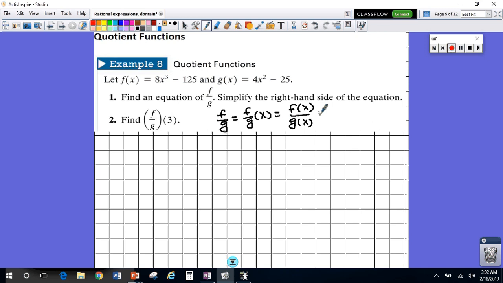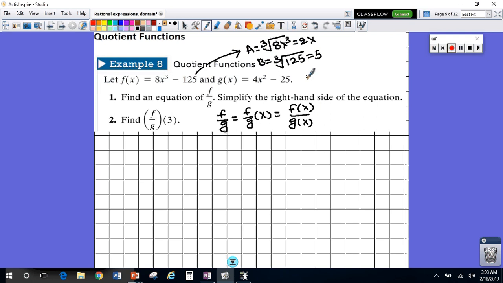What is your f of x here? 8x cube minus 125. The first one is the cube of which number? 2, right? Or else you can find the values of a and b like this: a equals cube root of 8x cube, which is 2x, and b equals cube root of 125, which gives you 5. This is a and b.